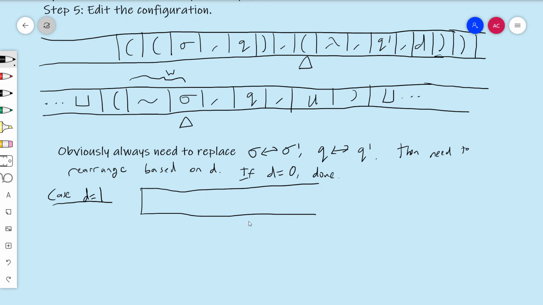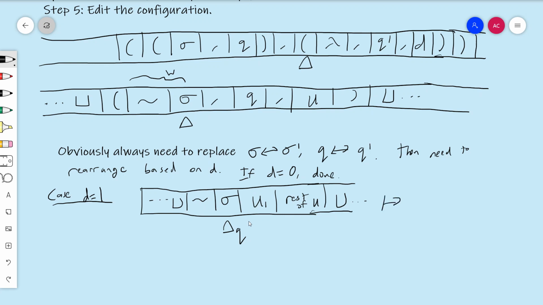It's going to have W-ish stuff followed by sigma, and the cursor is here, in state Q. And then I've got U here. Let's just say U1 and then rest of U. So that's what it looks like.